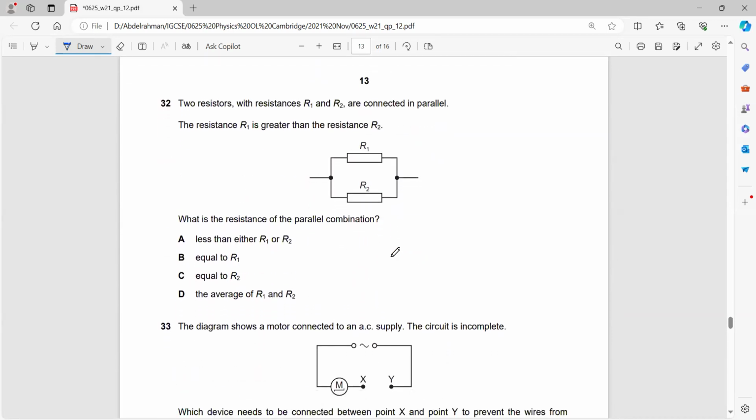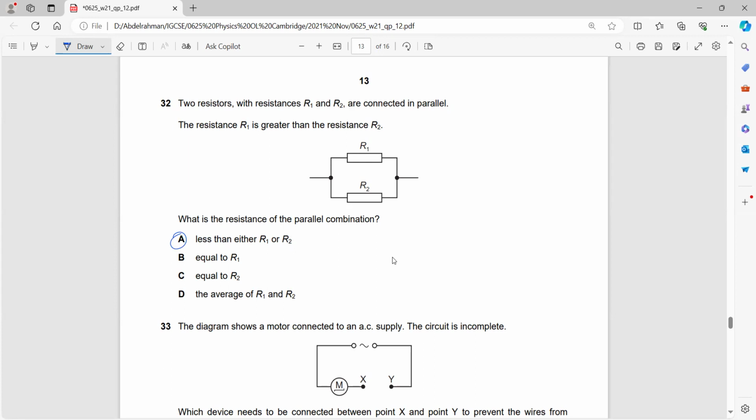Two resistors, R1 and R2, are in parallel. The resistance R1 is greater than R2. If they are in parallel, the total resistance has to be less than either R1 or R2.